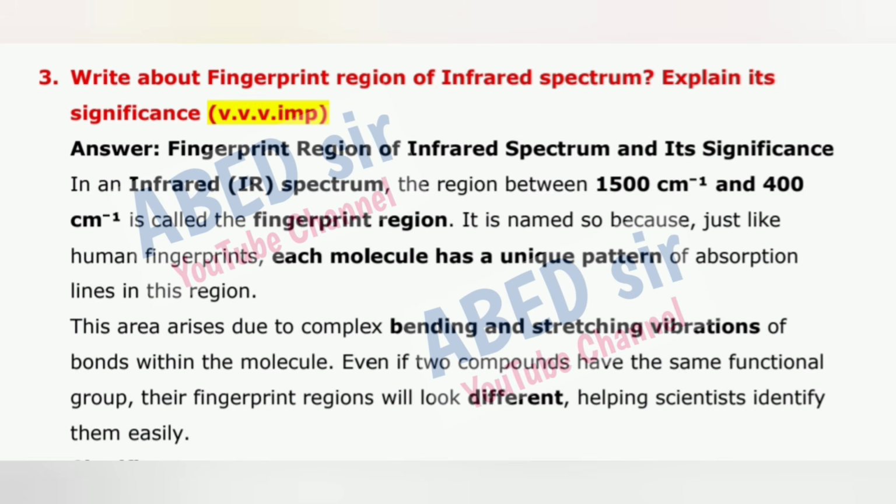It is named so because, just like human fingerprints, each molecule has a unique pattern of absorption lines in this region. This area arises due to complex bending and stretching vibrations of bonds within the molecule. Even if two compounds have the same functional group, their fingerprint regions will look different, helping scientists identify them easily.